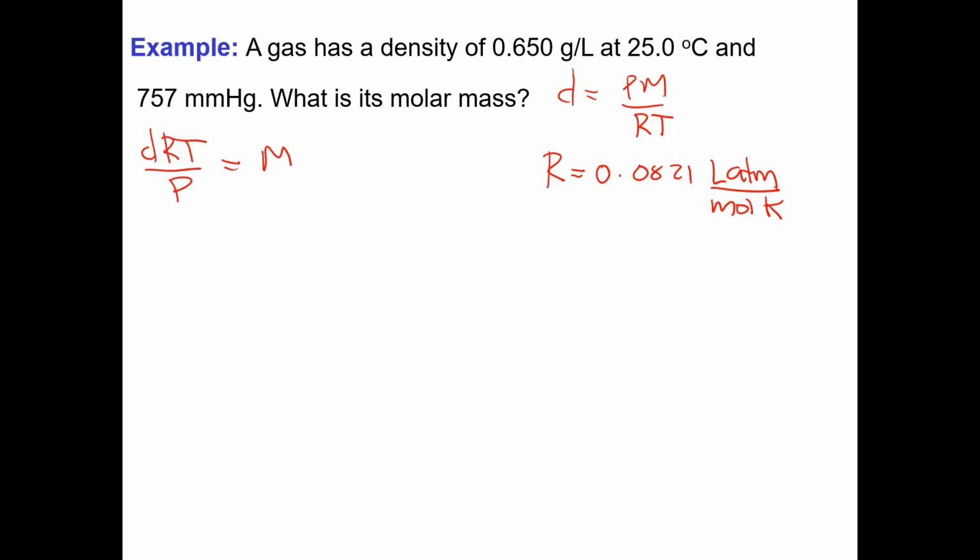So that tells me that my temperature has to be in Kelvin, which will be 298.15, and that my pressure must be in atmosphere. So that means that I'm going to have to divide by 760 because there are 760 millimeters of mercury in 1 atmosphere.